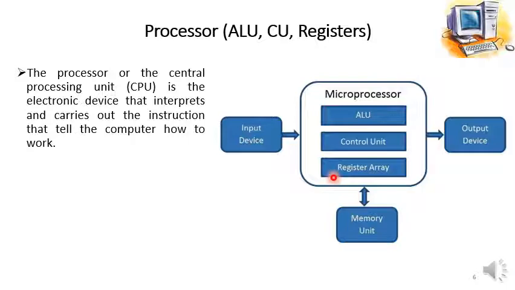Registers are a type of primary memory because they hold data or instructions for processing by the microprocessor or by the CPU. So that's why it is also a type of primary memory, but the smallest and the fastest memory in computers. This is the smallest and fastest primary memory in computer, that is called registers.